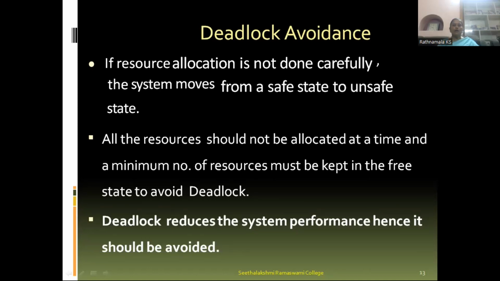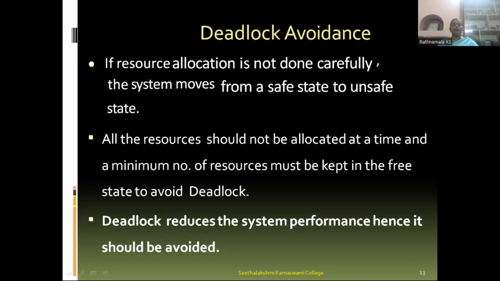You have to forecast that this process may require this. We have algorithms for this. Based on those algorithms, the resource allocation should be done efficiently.